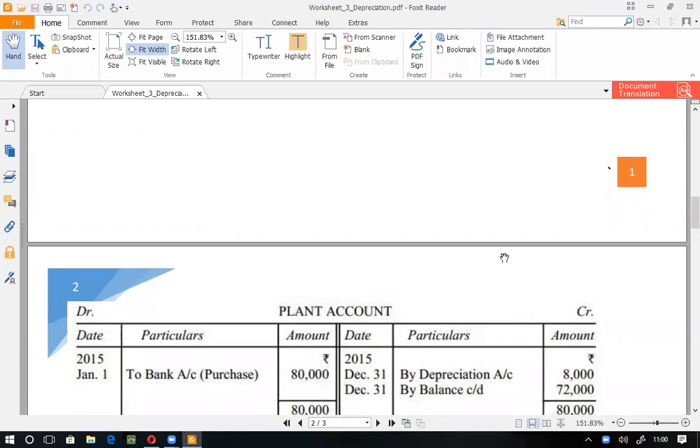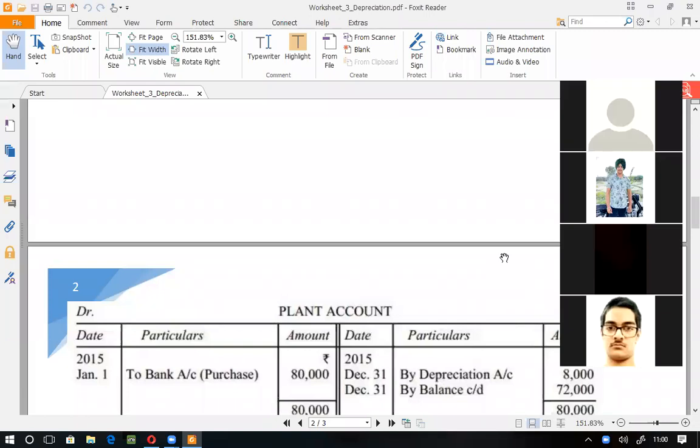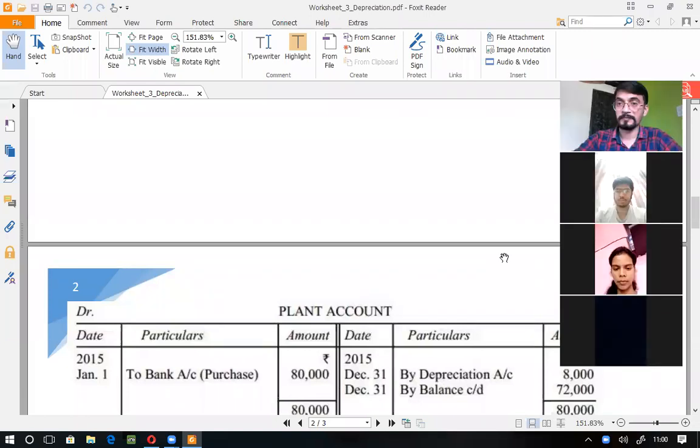So 10% of 80,000 will be 8,000. So by depreciation, we'll write 8,000. Very good, Nikita. Then 80,000 minus 8,000, balance carried down will be 72,000.